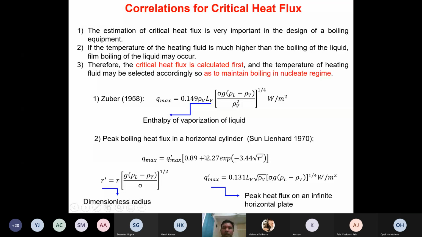And this Qmax dash is given as 0.131 LV under root rho V, in the bracket [sigma g (rho L minus rho V)] raised to the power 1 by 4. You can calculate Qmax dash, you can calculate r dash, and then you can put it in this equation and calculate Qmax. So this equation is for the peak boiling heat flux in a horizontal cylinder.